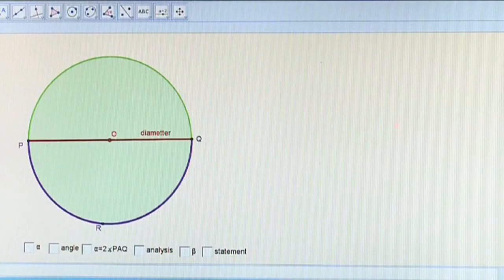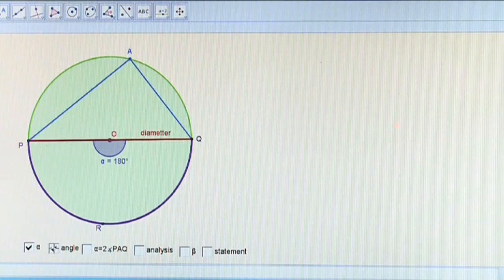If I join the end points of the semicircle, then the line will pass through the center and that will be the diameter. You know the degree measure of semicircle is 180 degree. Now let me draw an angle PAQ on the remaining part of the circle.